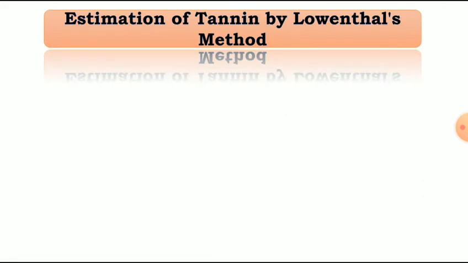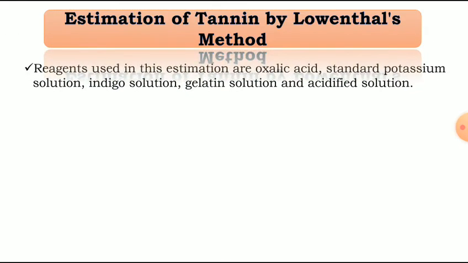Estimation of tannin: there is one method called Lowenthal's method. That means we are going to estimate tannin with the help of this Lowenthal's method. The reagents used in this estimation are oxalic acid, standard potassium solution, indigo solution, gelatin solution, and acidified solution.